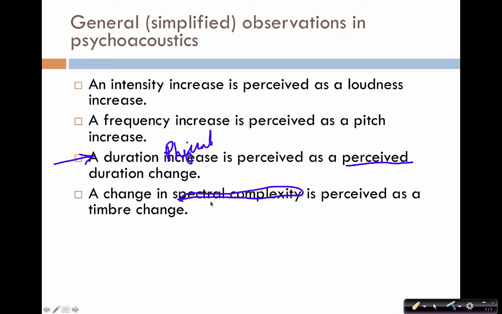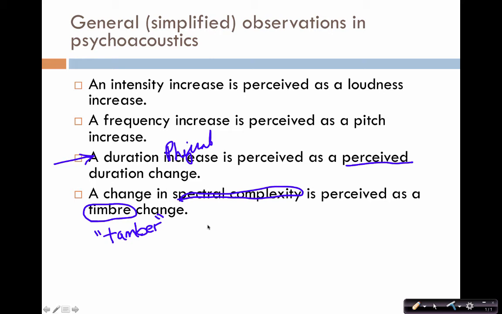Spectral complexity simply means that frequency is changing over time. The perceptual characteristic is spelled timbre, and timbre is more or less associated with what you might think of as sound quality changes.